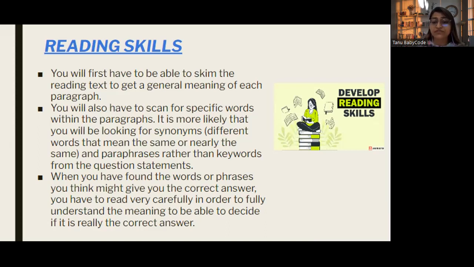You have to read it very carefully in order to fully understand the meaning, to be able to decide if it is really the correct answer or not, right? So when you start scanning your paragraph, scan for the specific keywords, the required keywords, or I would say the highlighted keywords. Read it very carefully. Look for the synonym, because you may get paraphrased statements here.